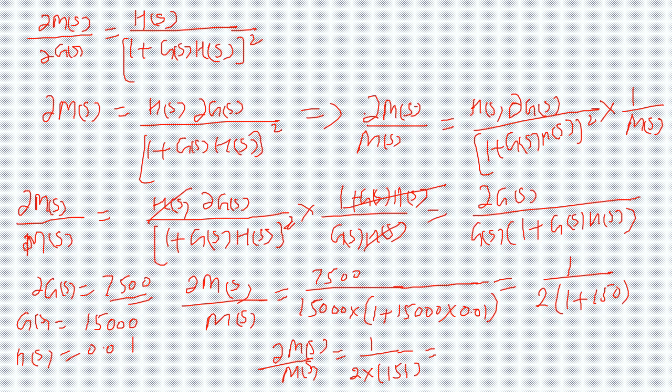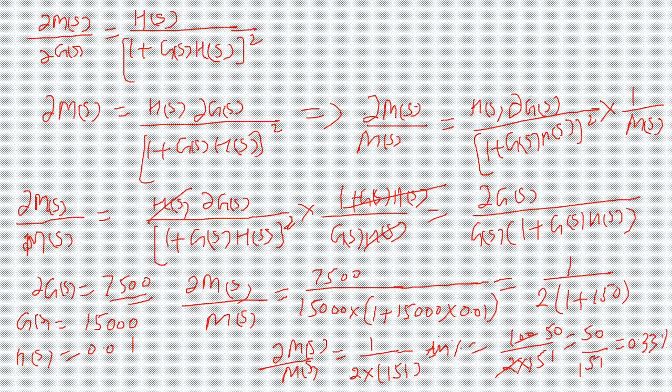To convert it into percentage, we multiply by 100, so it is 100 over 2 into 151, which is 50 over 151, approximately 0.33 percent.